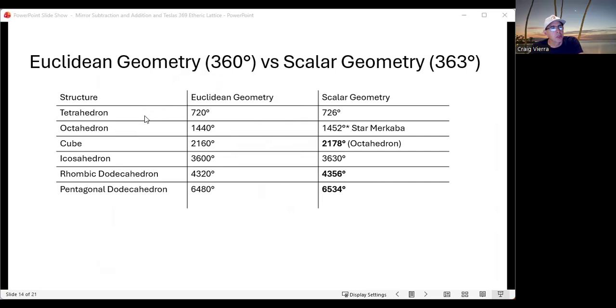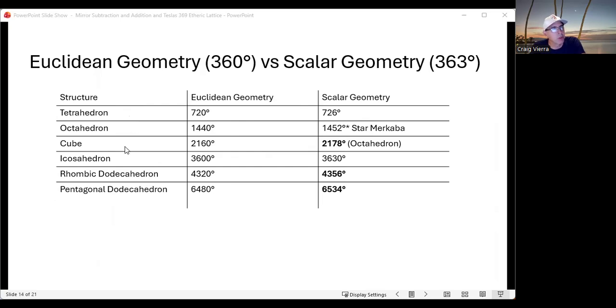Just so you can see, the Euclidean geometry is at 360 degrees and the new scalar geometry is a different coordinate system. The geometry hasn't changed, but I'm using a 363-degree coordinate system. In Euclidean geometry, I listed some of these so you could see the internal angle summation for these polyhedrons. A tetrahedron is 4 triangles, 720 degrees.